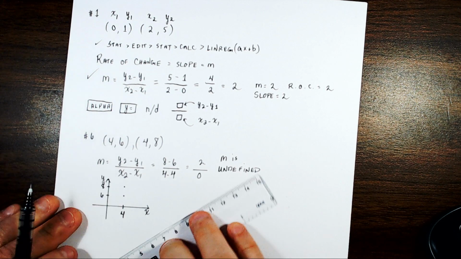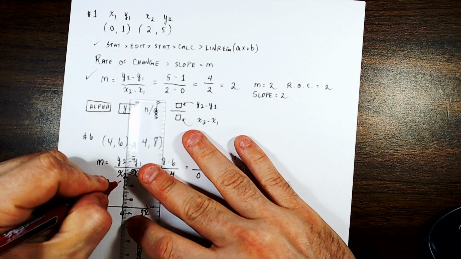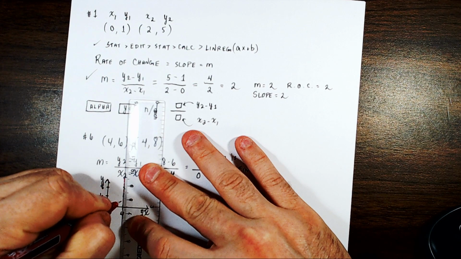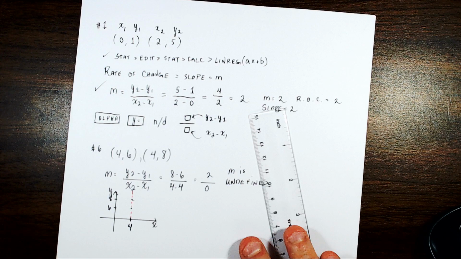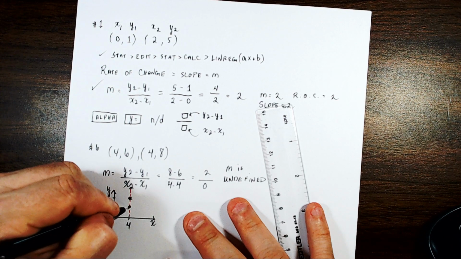What do we notice about this? If I try to draw a vertical line through these, I'm going to hit the points twice. So this fails the vertical line test. Is this a function?